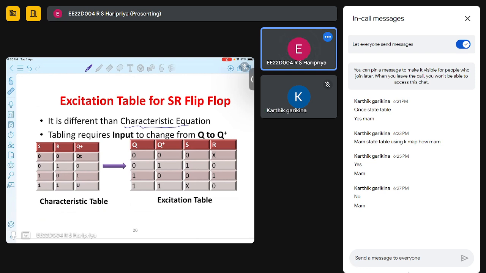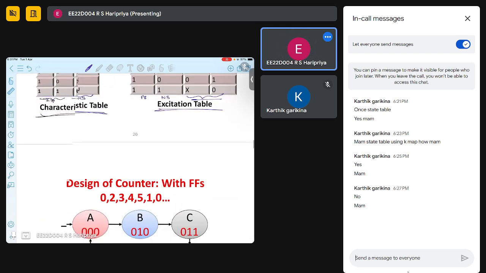And if we have a present state which goes to the next state, then what will be the input needed to be applied to that flip-flop, we obtain from the excitation table. So this is like present state, next state. What will be the input combination we obtain from the excitation table? What will be the input to get a next state? We will get that from the characteristic table. So these are the two tables. I hope the terminology is clear: characteristic table and the excitation table.